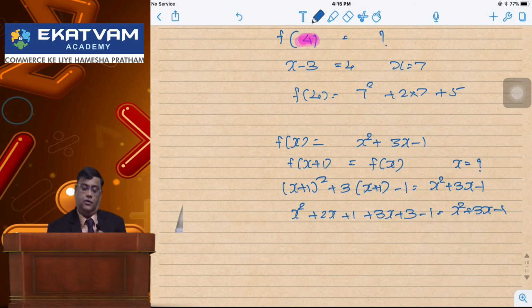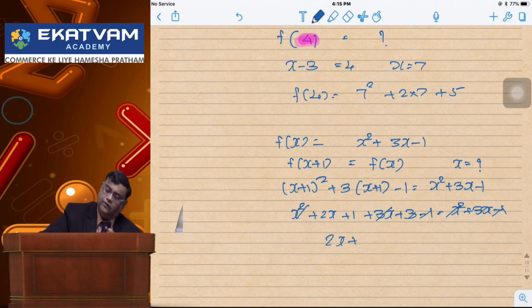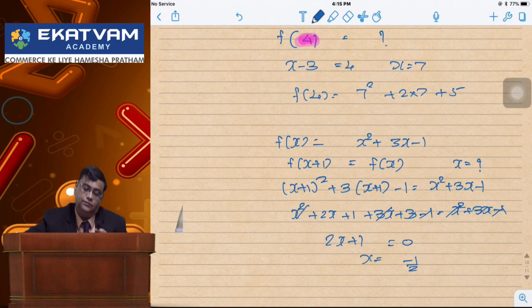Check. So tell me now what will cancel? x square will cancel, 3x and minus 1 will cancel. So you happen to get 2x + 1 = 0. So x will be minus 1 by 2.